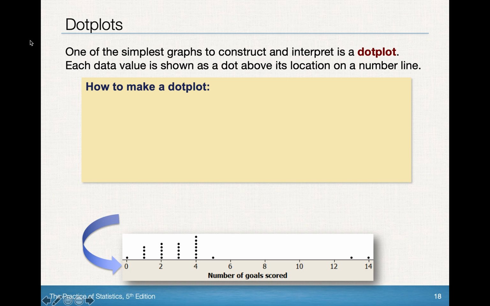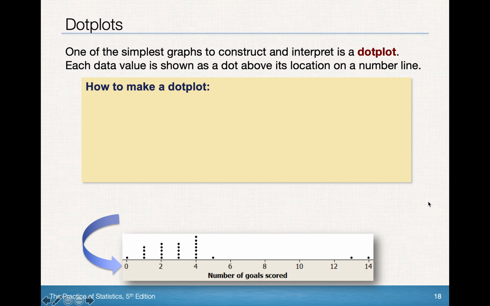I believe this is for the U.S. Women's Olympic team or World Cup team quite a few years back. So each dot represents the number of goals scored in a single game. You will see most of them are around 1 to 4 goals, and there are a couple of high scoring games where you had a 13 and a 14.